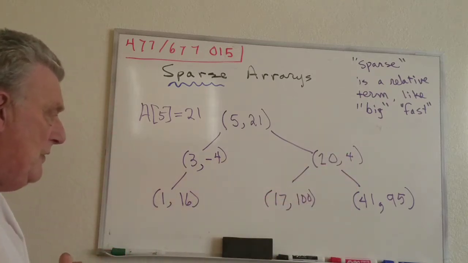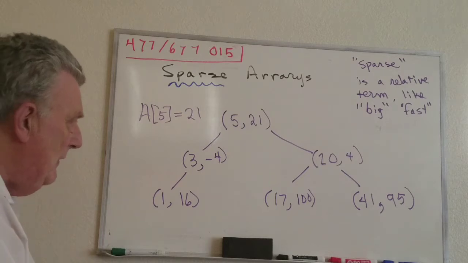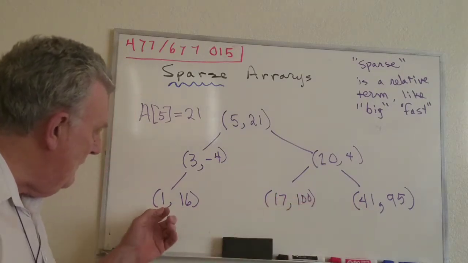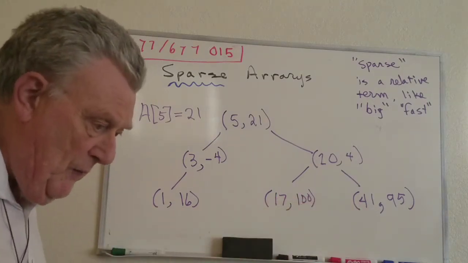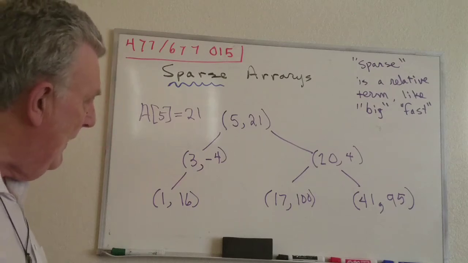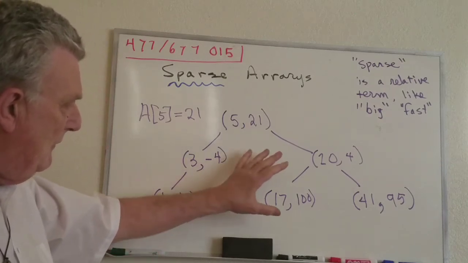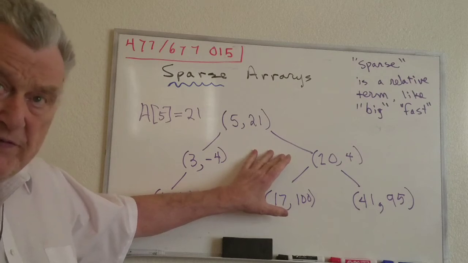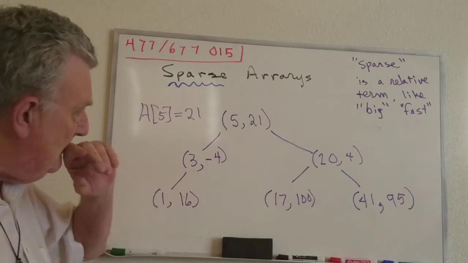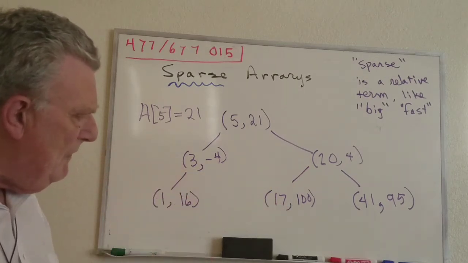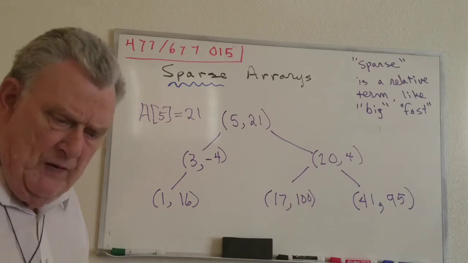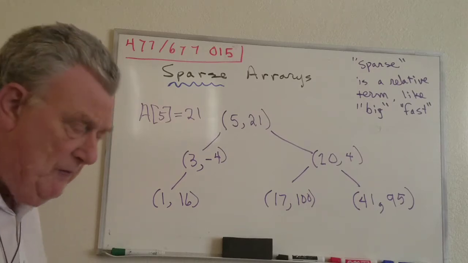Now how would you store this array? Well, it goes all the way up to 41 and starts at 1, so you need 41 spaces. However, I probably don't need 41 spaces to store the structure. So how would I utilize this binary tree storage?